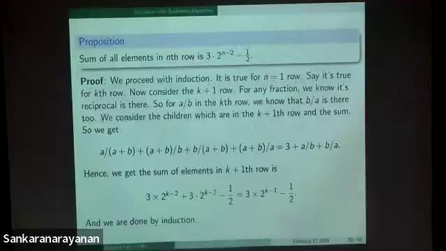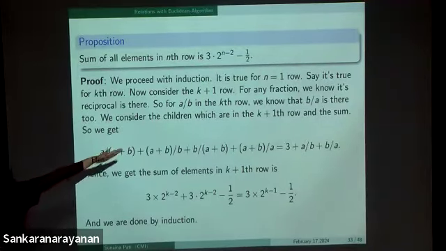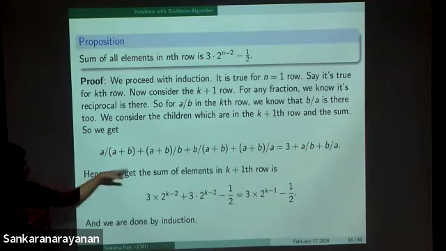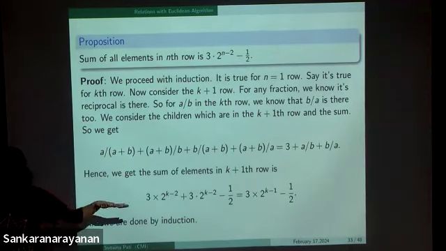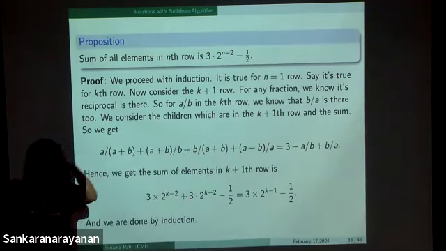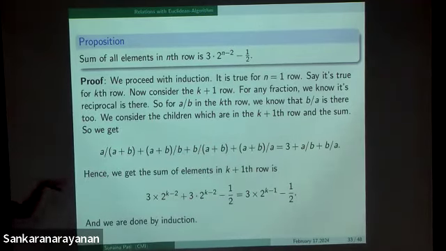I'll show why it happens by induction. Suppose it is true for the kth row, I'll show it's also true for the k plus 1th row. Now I know the reciprocals exist. So I take any number a by b. I know in the kth row a by b is there. B by a would also be there because reciprocals exist. And so the children of a by b and b by a, a by a plus b, a plus b by b, b by a plus b, and a plus b by a, they exist.